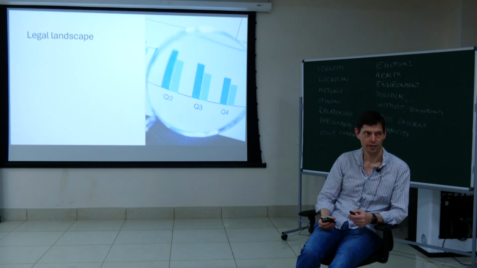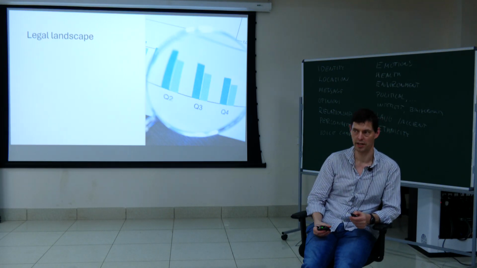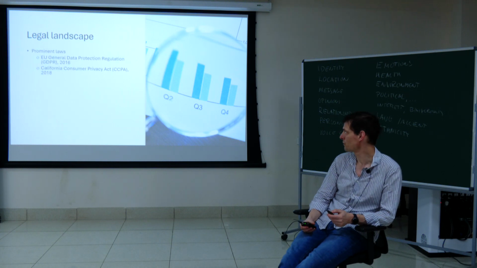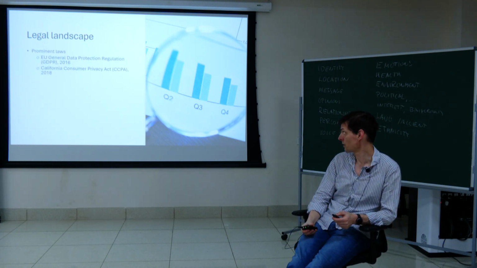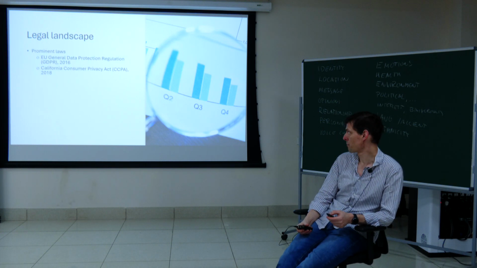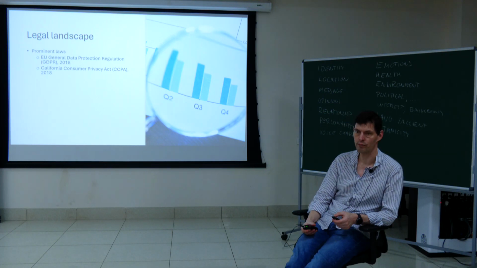A few words about laws in this area. Of course, the GDPR, the European Union General Data Protection Regulation, was a very big step forward. It was the first big comprehensive data privacy law in the world. It's not perfect, but it's a big step forward.